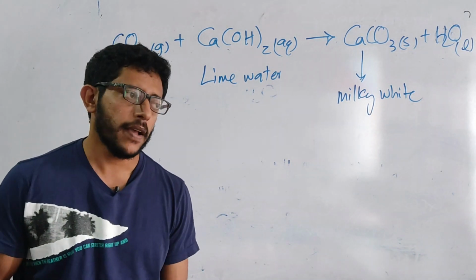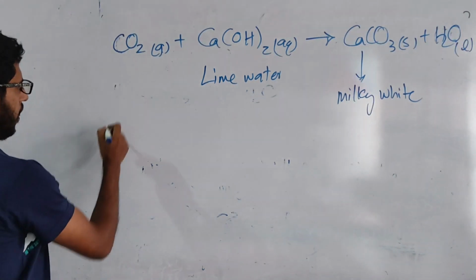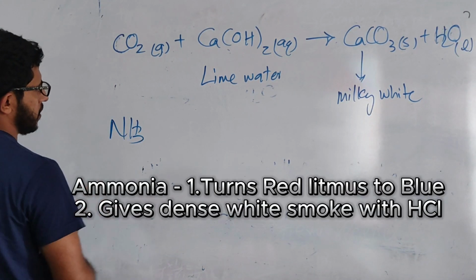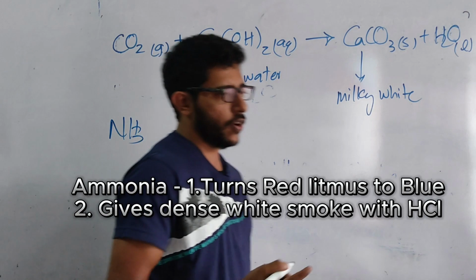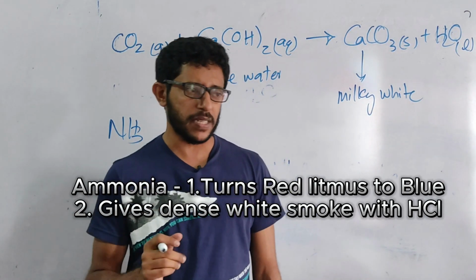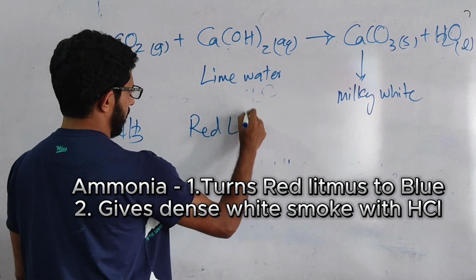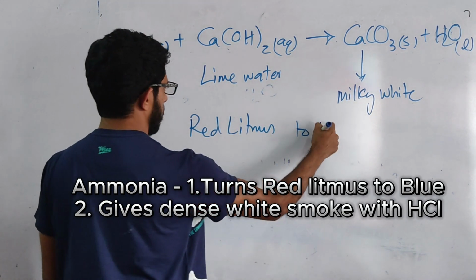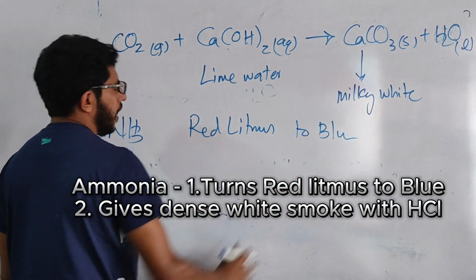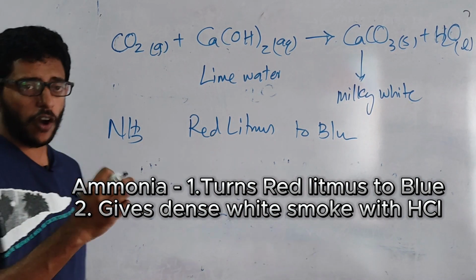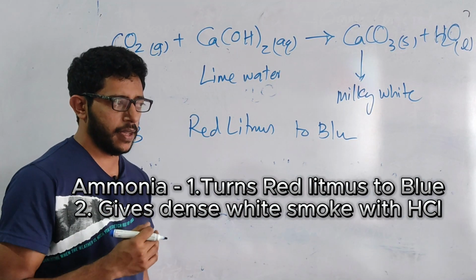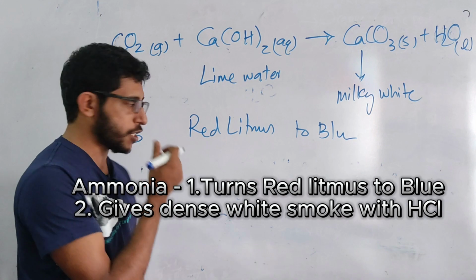Then ammonia. How to identify ammonia gas? As I told you earlier, it will turn red litmus into blue color. And then if we hold a rod dipped in concentrated HCl, it will give a dense white smoke.